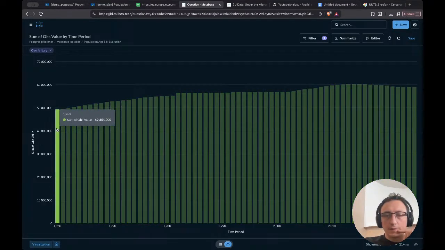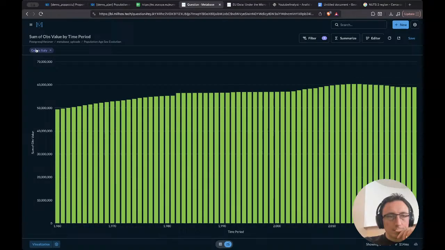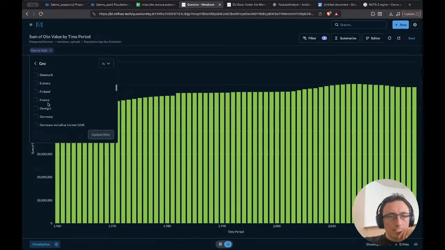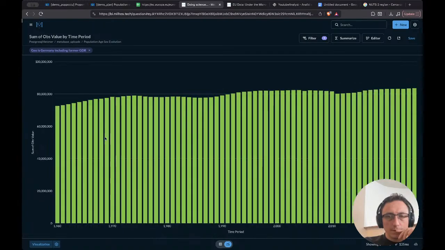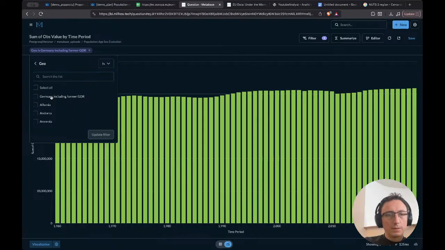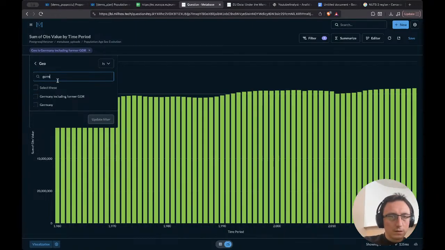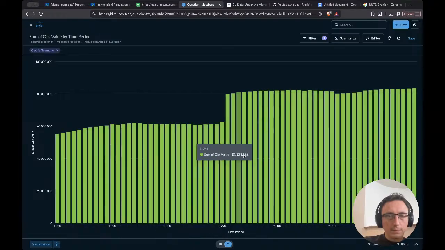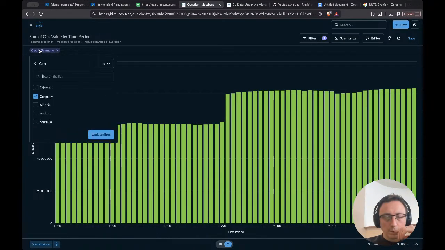Evolution of Italian demographic. Germany, and Germany included former. So actually, I will clean Germany.